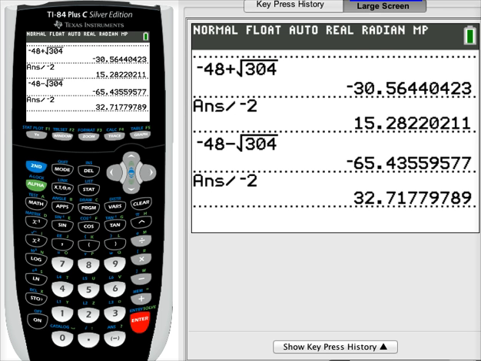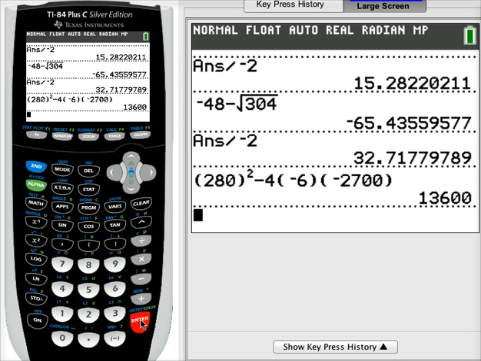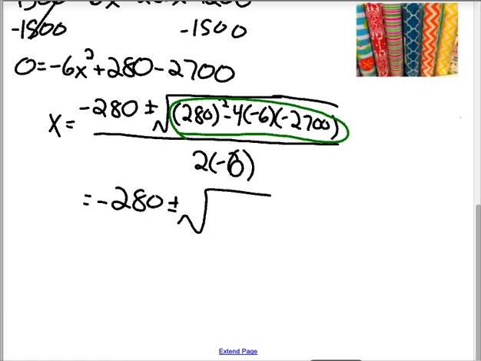So let's type it in. 280 squared minus 4 times negative 6 times negative 2,700. That gives us 13,600, divided by negative 12. And now we have to solve both parts of this number.